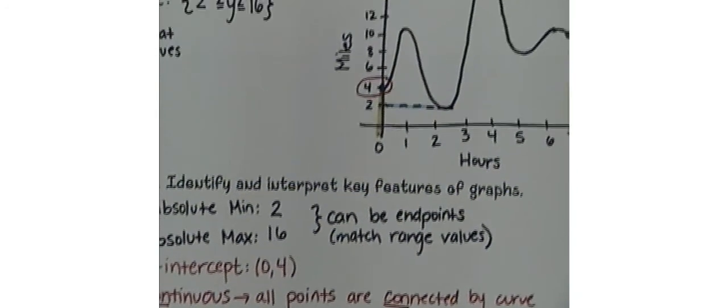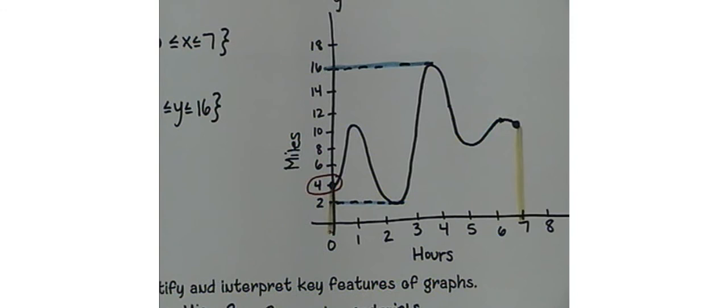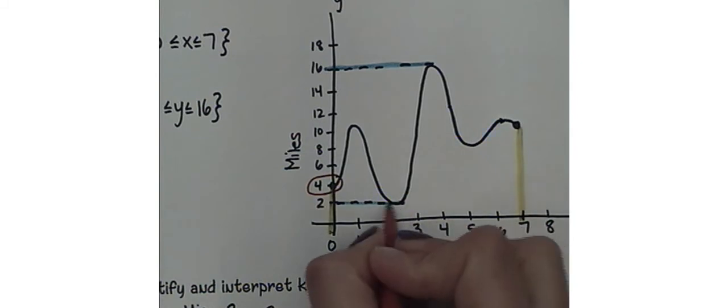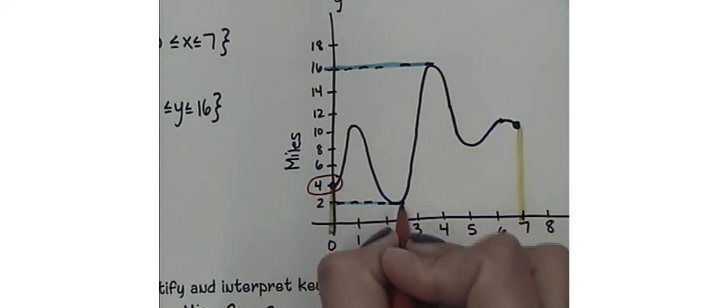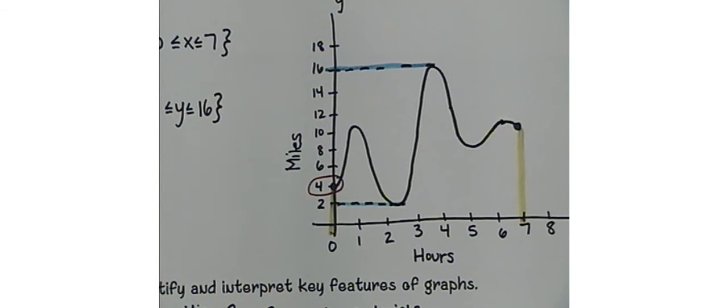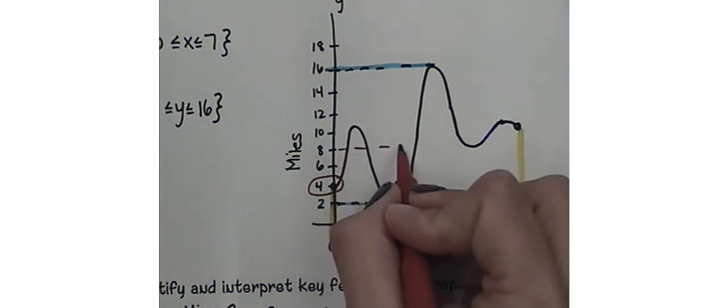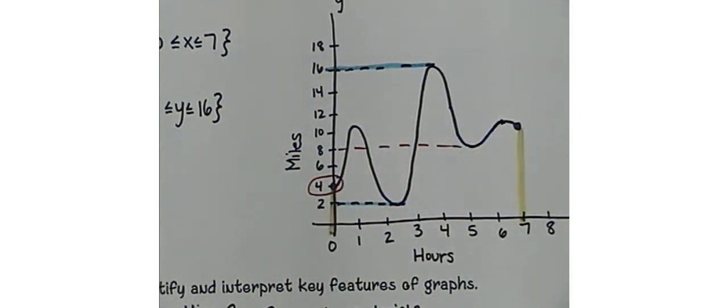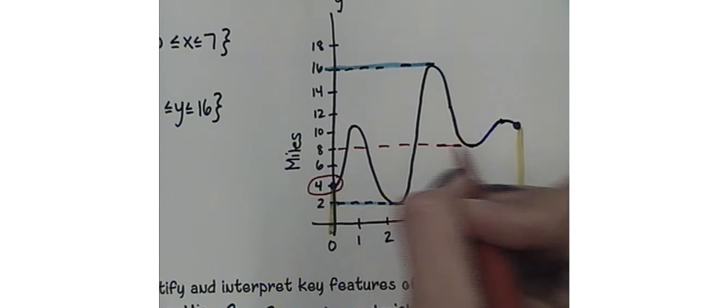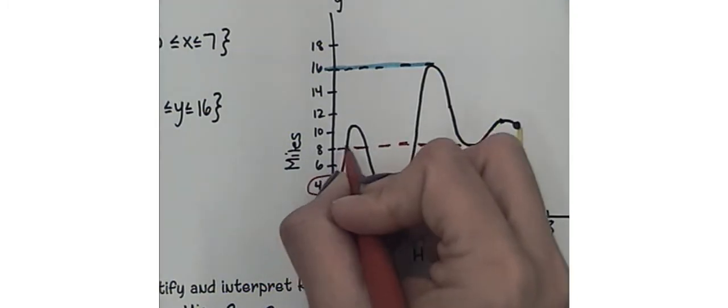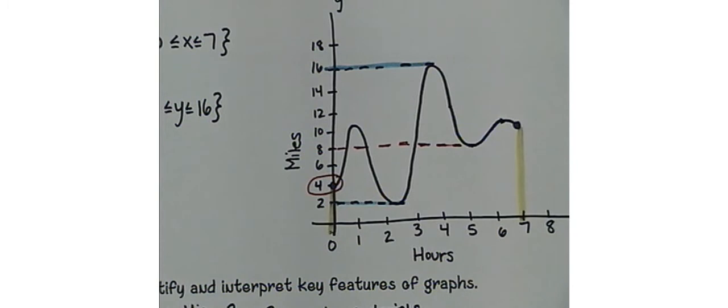So let's see. I'm going to look at a relative minimum first, which is a valley, kind of like a U shape. I have one right here at 2, and that counts because it's not an endpoint, so I'm going to write down 2. And then it looks like I have another one right there at 8. So I write down 2 or 8. I draw a line over to see what number it occurs at, or you could use a ruler.